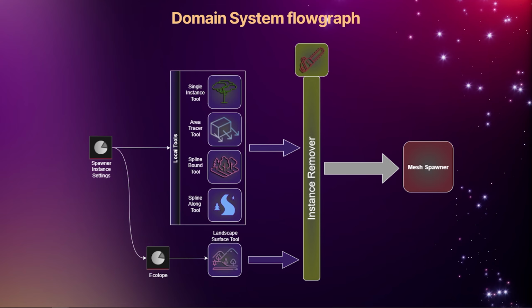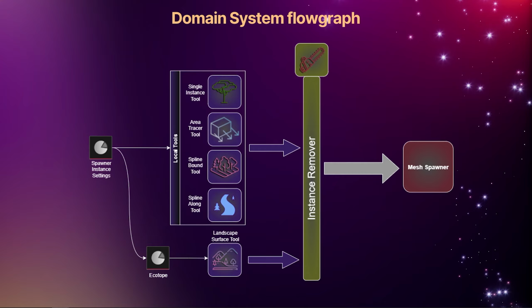So this is an overview of the domain system in general. So to the left of the yellow line are the tools, 4 of them being quote-unquote local tools, and 1 of them being a kind of a global tool, because it works on a much larger scale, potentially.